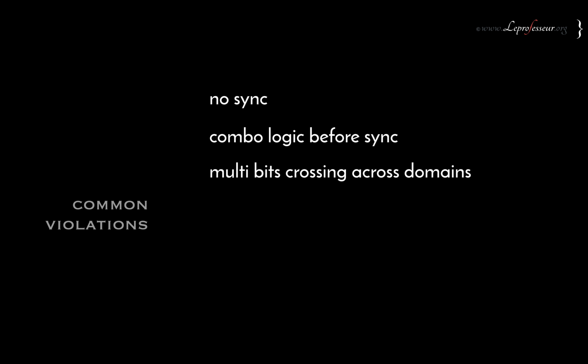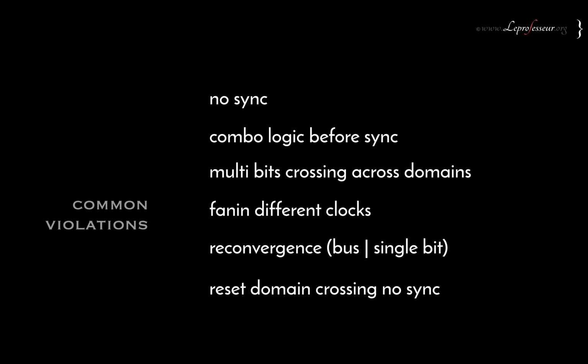You may want to use the handshake protocol in those scenarios, or convert the parallel bits into gray code and then send the signal across the clock domain, so that only one bit is toggling. All right. Reconvergence is another issue where you would want to be very careful.